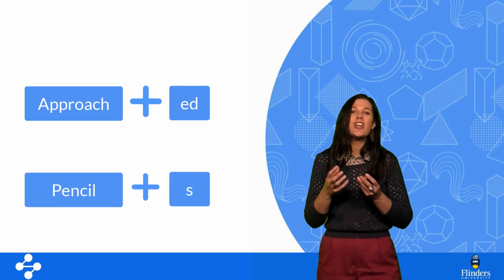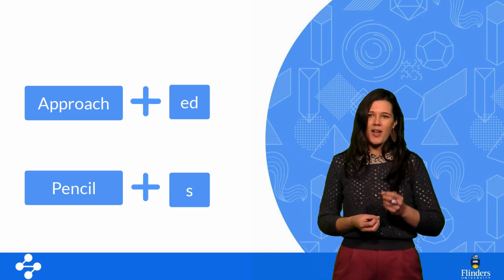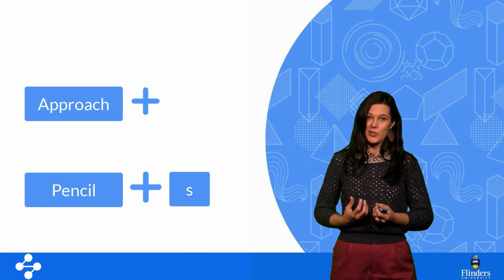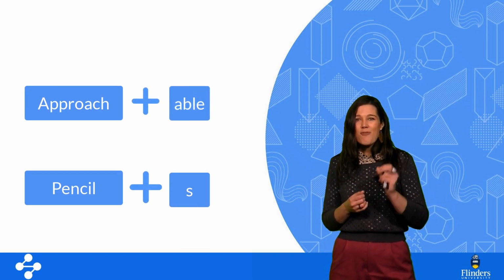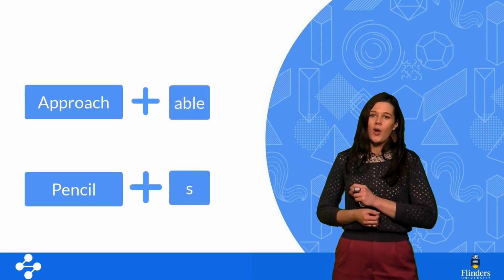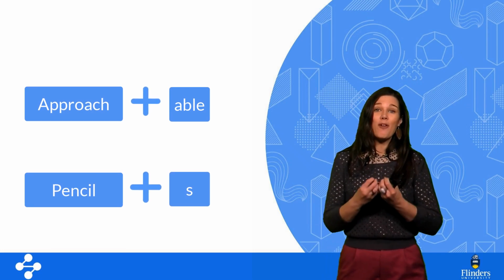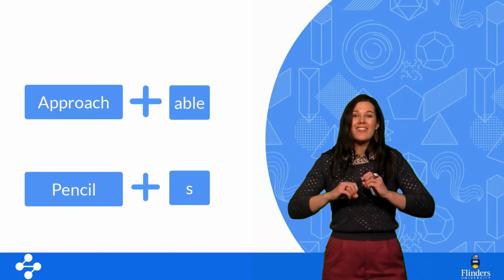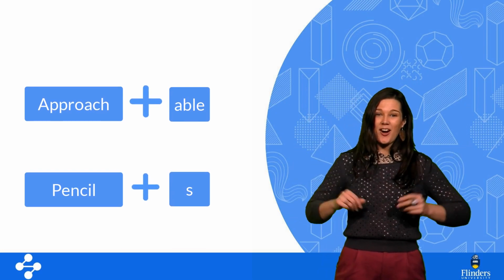Or we might change the meaning of the word itself by adding to that word, such as making the word approach into approachable. And every time we learn a new word, we are increasing our vocabulary by not just adding that one word, by adding this whole family tree of words.